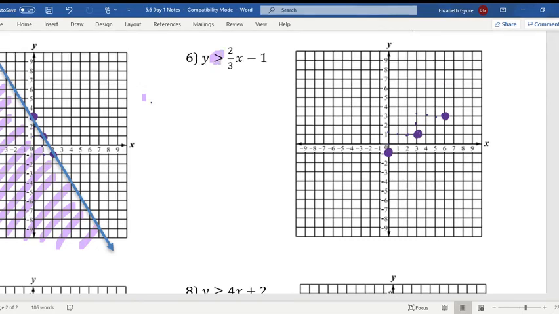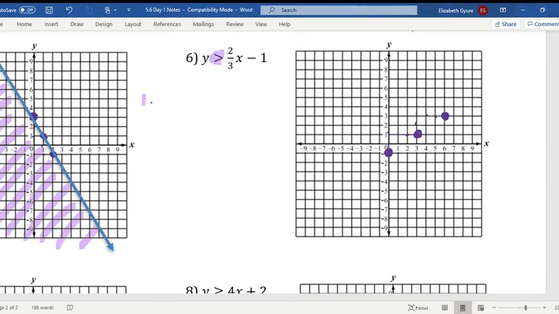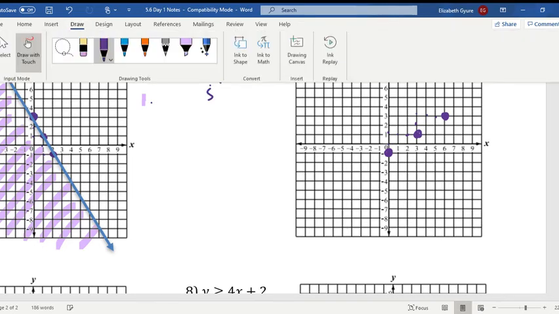So if it's a greater than, there's no bar underneath. Jake Sanders, do you think I want a solid or a dotted line here? It would, yep. Because if it's greater than, that would be an open circle, which is like our dotted line. So this is going to be dotted.